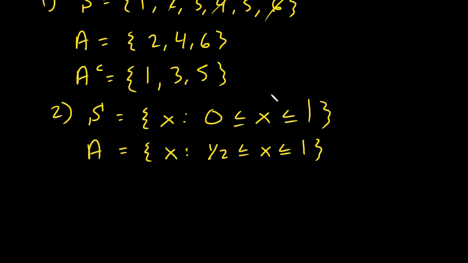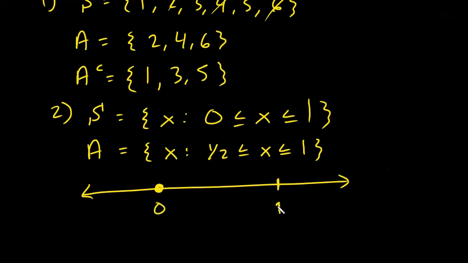Sometimes when you have problems like this, it's helpful to draw out the number line and see what you have here. So our sample space is between 0 and 1, including both 0 and 1.